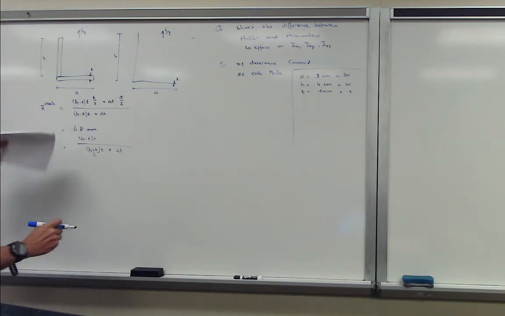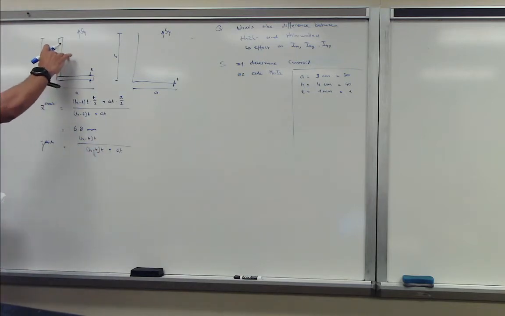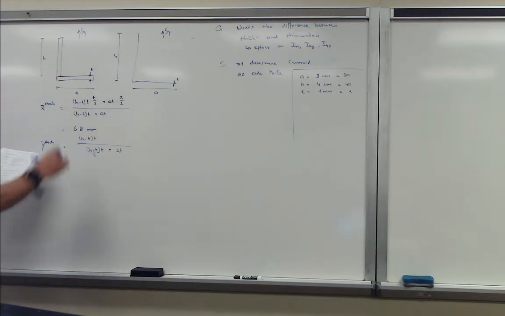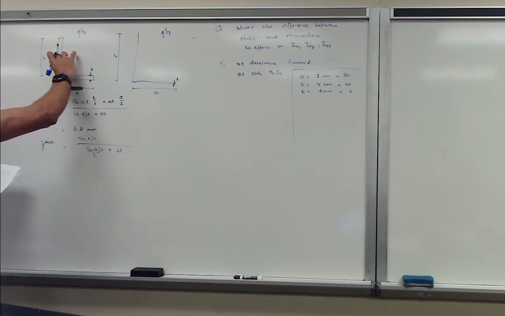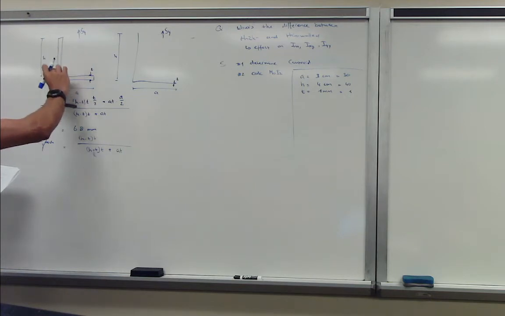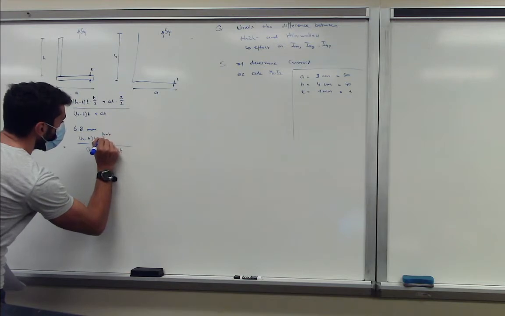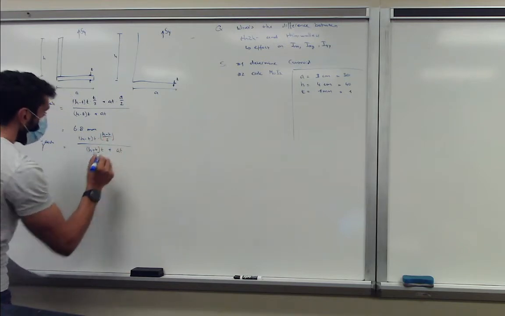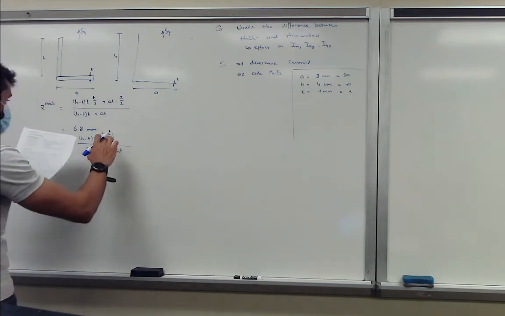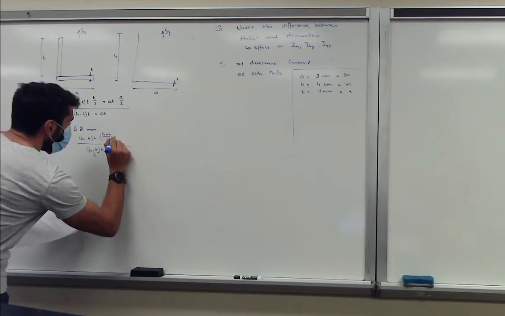That's again the area. And now we can look at the location with respect to the centroid. And that will be this section, which is h minus t over 2 plus the thickness. So multiplied by h minus t over 2 plus t.